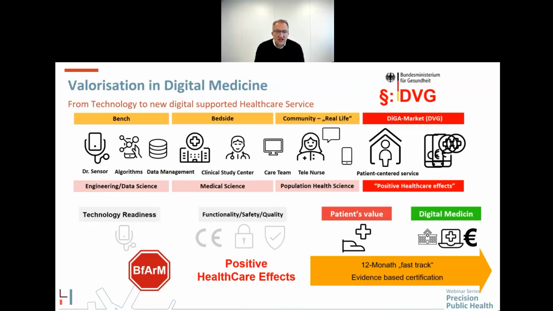This is a patient-centered effect showing that he benefits from this application, and not that the data is correct or important for the disease. So the patient-centered benefit is really the certification reason why an app gets evidence-based certified and then enters the German healthcare market.